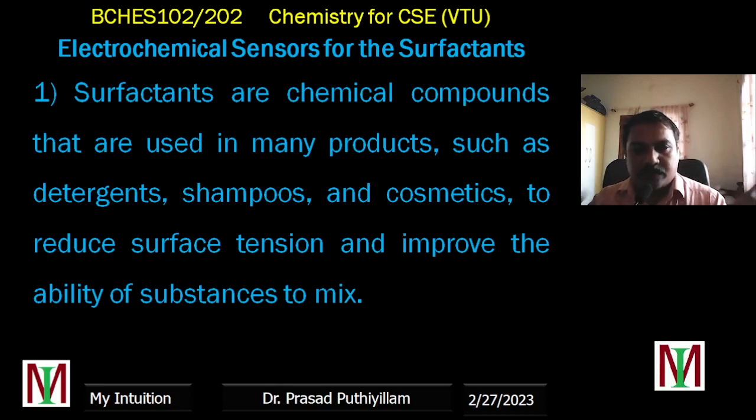Shampoos we use mainly for our hair, so any mud particles there will come out easily. And cosmetics are also used on the surface of the skin; they will reduce the surface tension and improve the ability of a substance to mix.